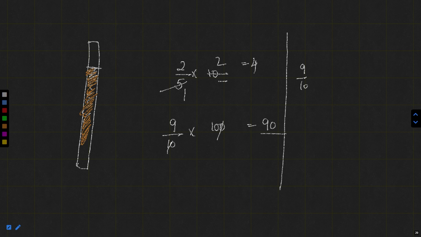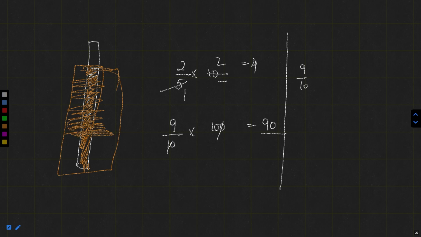This has got junk. So this part is just rust. You can say 9/10 of the pillar has been rotted away. Now this part has got rust. Now if it has got rust, of course it is destroyed or it is damaged.